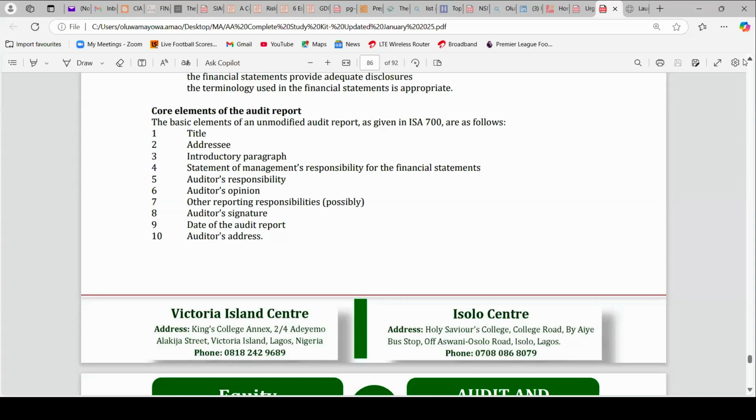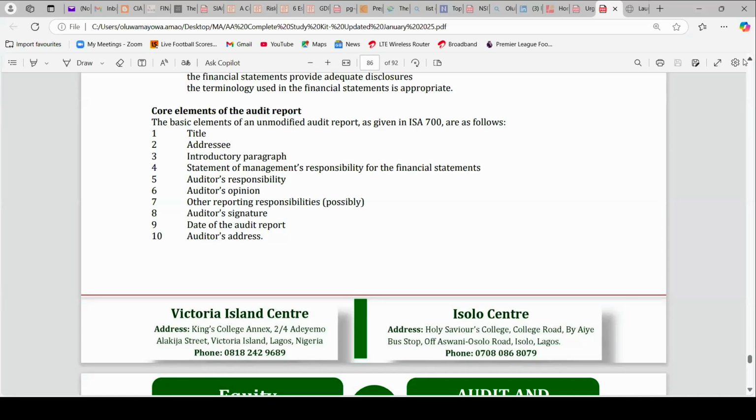So the auditor, during the course of the audit, noticed that this area, inventory, is very significant. Cash and bank balances, significant. Asset valuation, significant. So based on that, ISA 700 expects the auditors to communicate all these significant areas in his audit report.